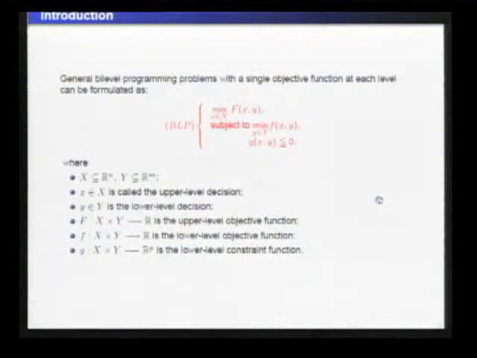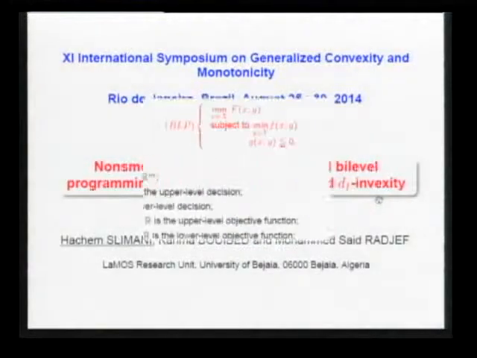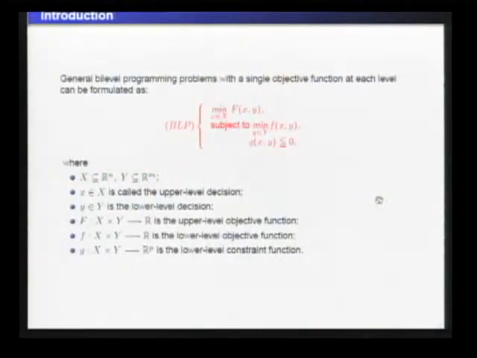G is the lower level constraint functions. X is called the upper level decision. Y is the lower level decision.